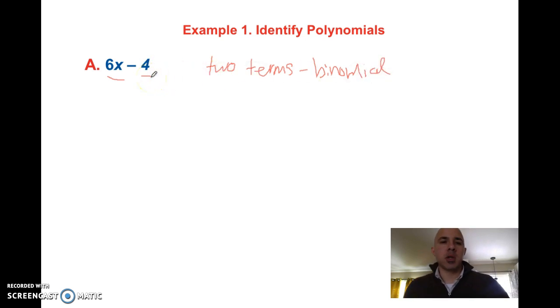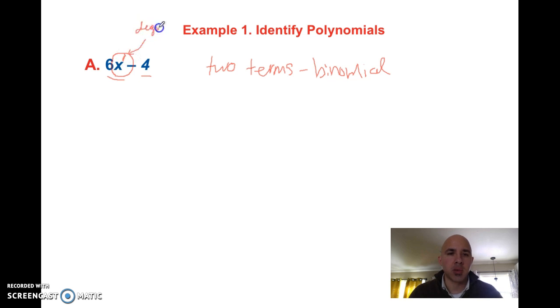The second thing we want to figure out is what's the degree of this binomial. Now, for degree, you want to look for the variable. So in this case, there's my variable, and the exponent is going to be your degree. So in this case, your degree is going to be 1.